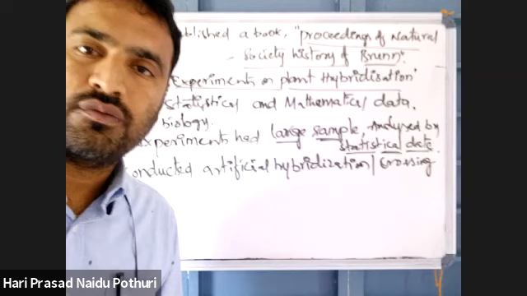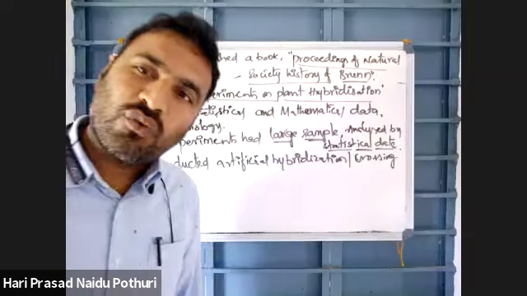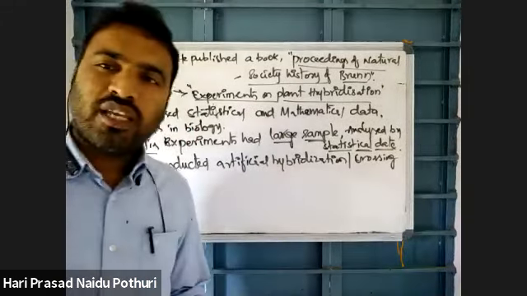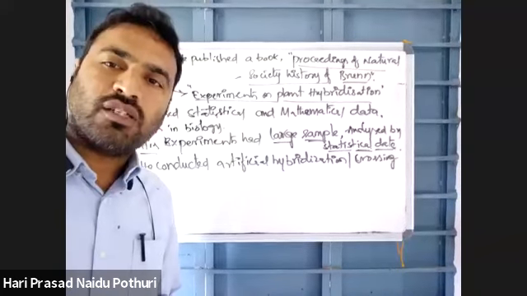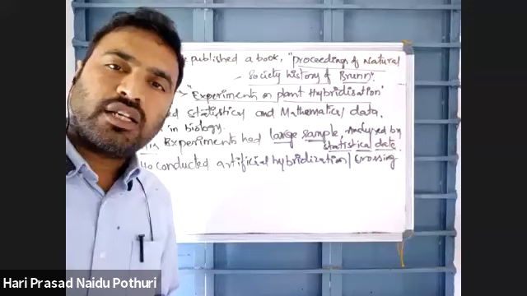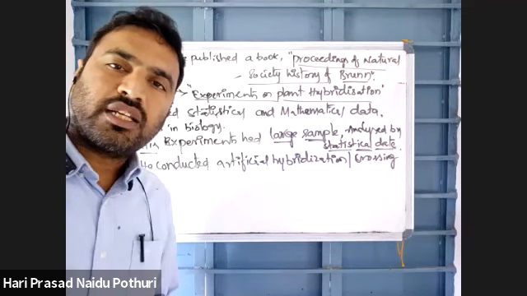Sir, why did he choose pea plant, not other plant? Yeah, those reasons, everything I will tell you, Ramakrishna. Why he chose pea plant, why he succeeded, why his work was not recognized by the scientists for a long time, I will tell you.